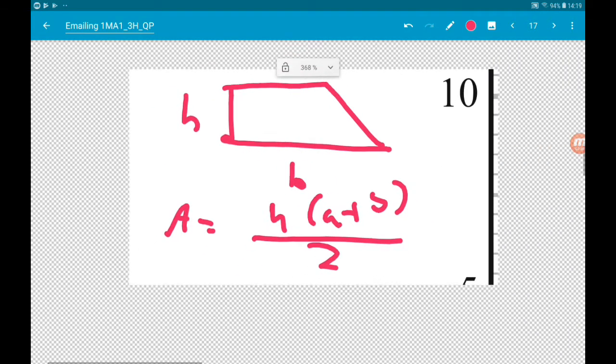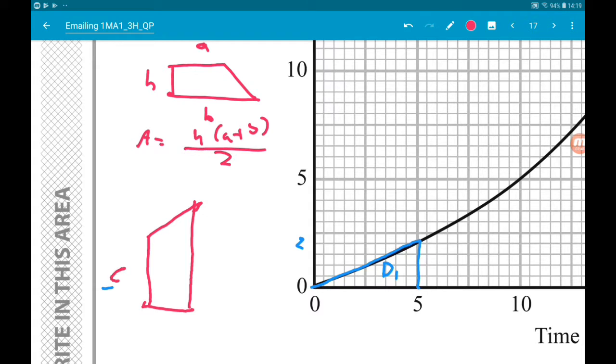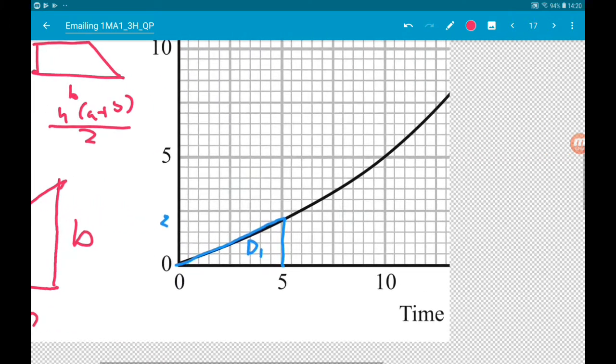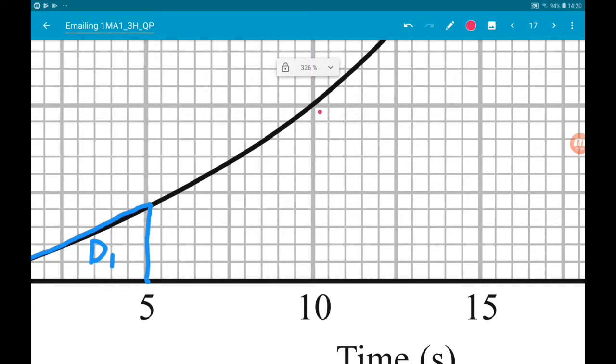Now our trapeziums are all going to be sat on their ends. So for us, this is going to be A, this B, and this H. So the next one is that.